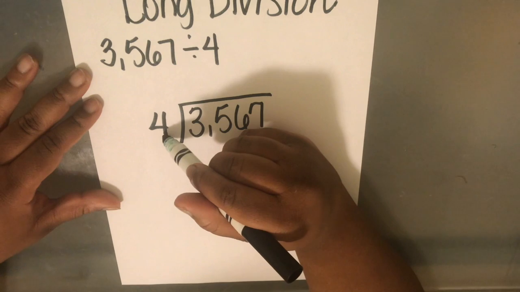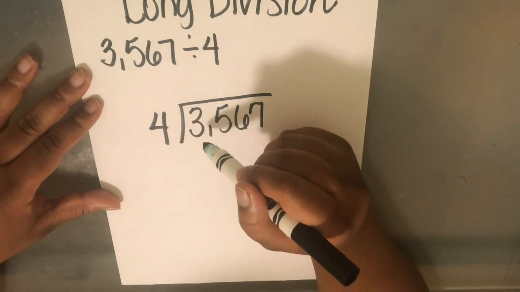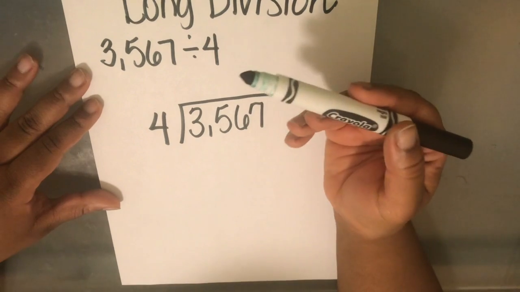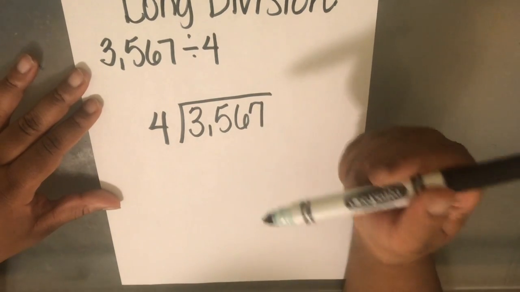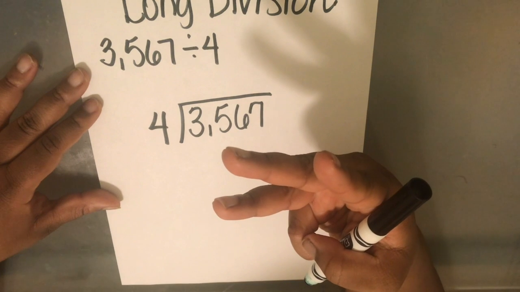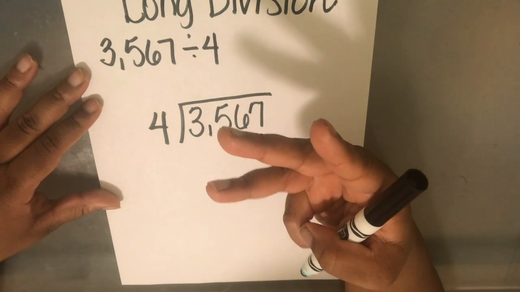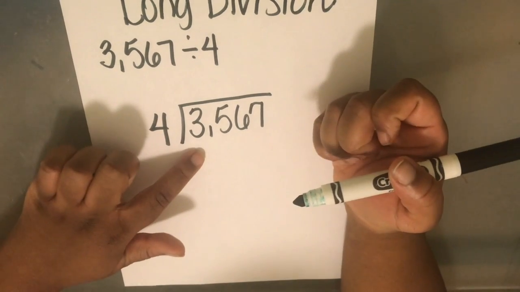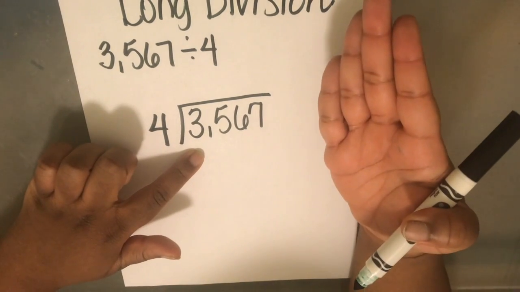So I say to myself, how many times can 4 go into 3? And the answer is 0, because if you have 3, can you take away 4? Or if I had 4 children and I only had 3 cookies, can each child get a cookie?